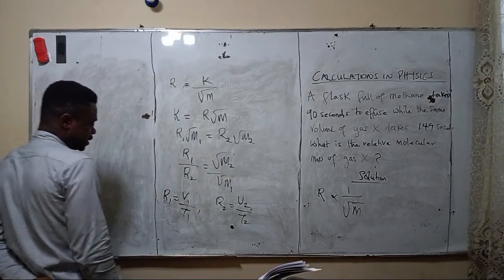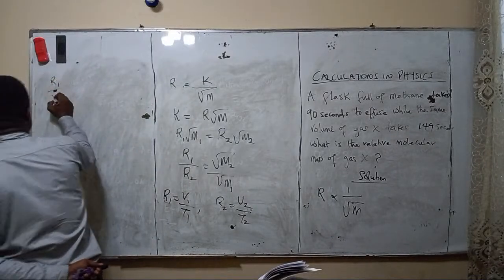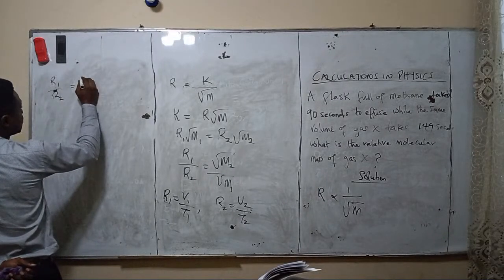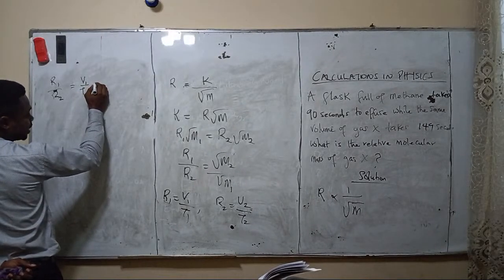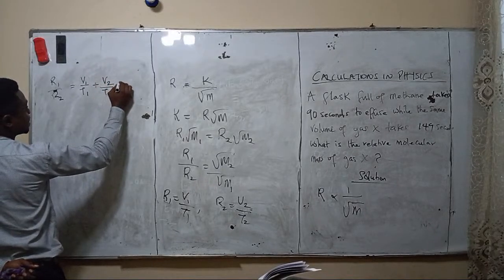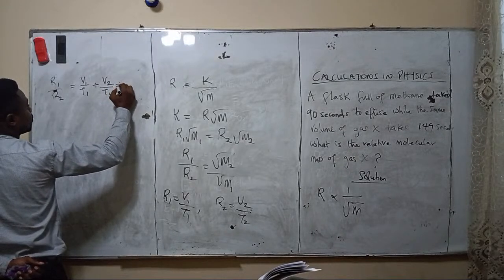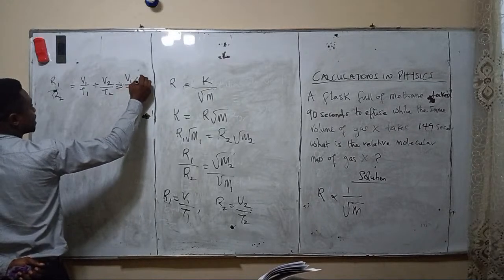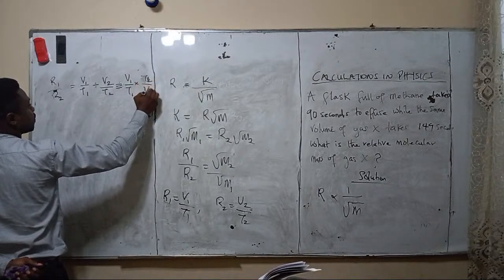This implies that R1 over R2 is equal to V1 over T1 divided by V2 over T2, which is the same as V1 over T1 times T2 over V2.